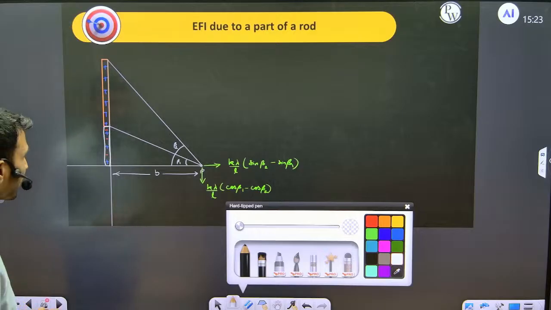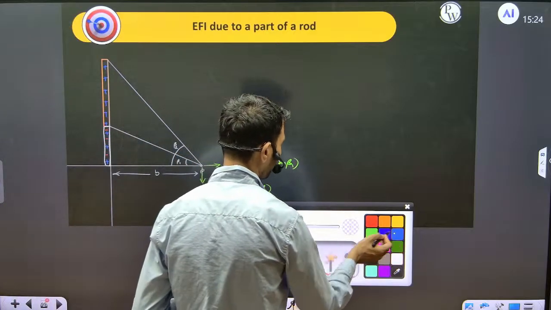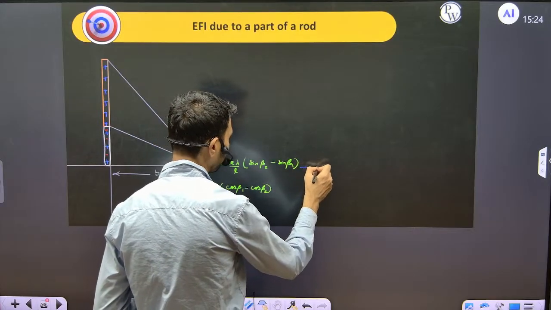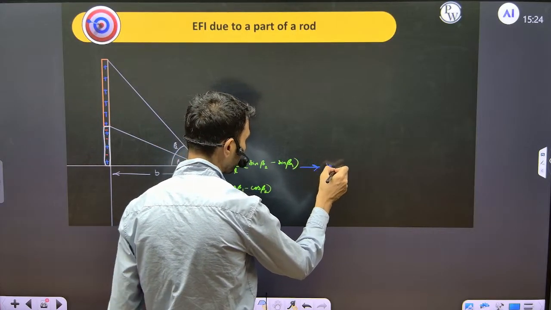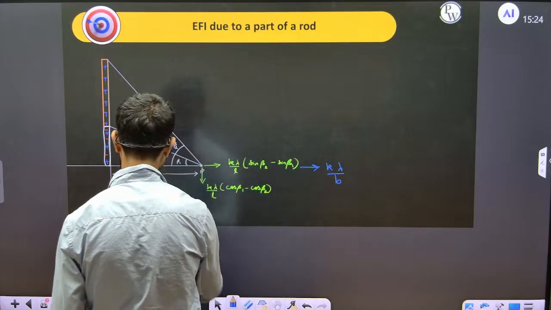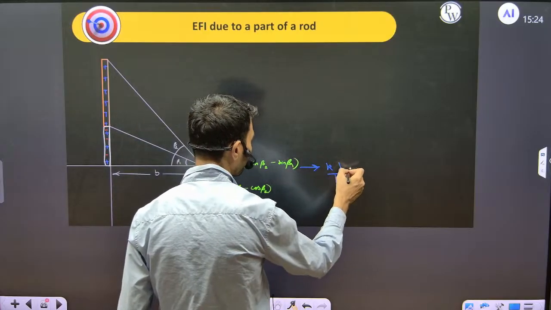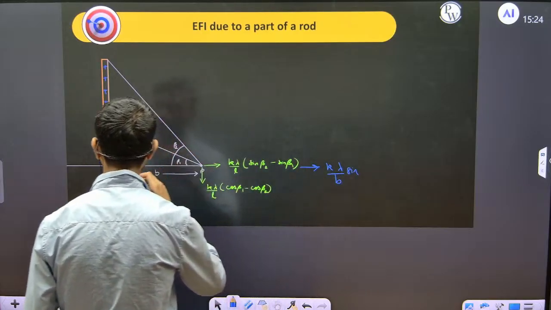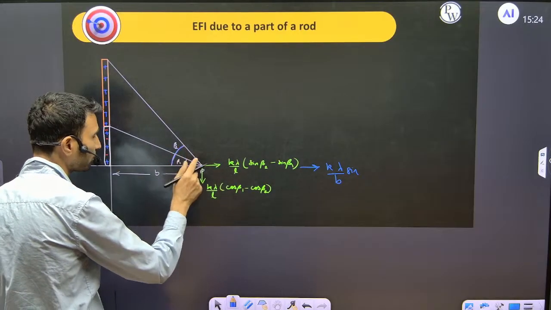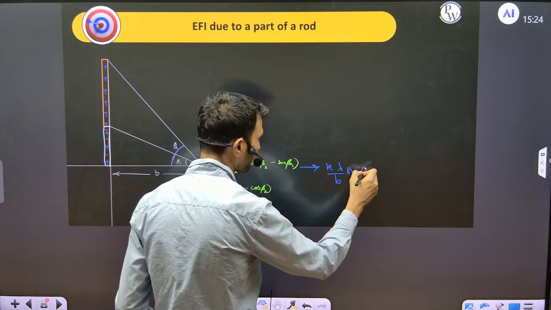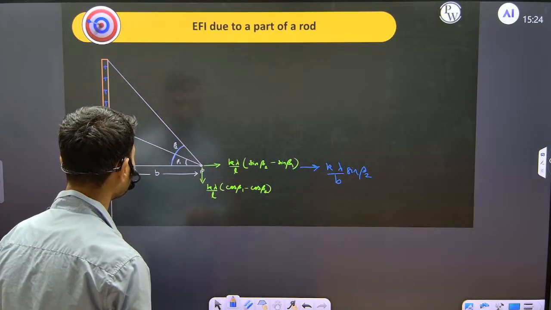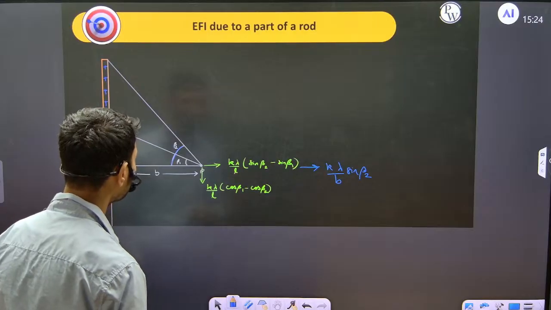Now first let us find out the field due to the blue charge. It will be in this direction, and what is the formula? If you remember, it was k lambda by b, which is this distance, into sine of the angle. What is the angle made by the blue charge? You see, the angle made by the blue charge is this beta 2, sine of beta 2.